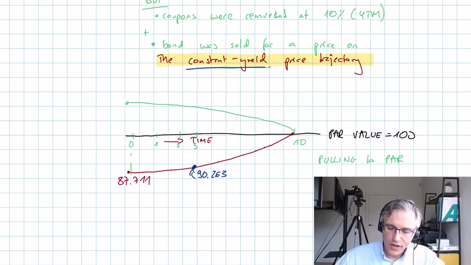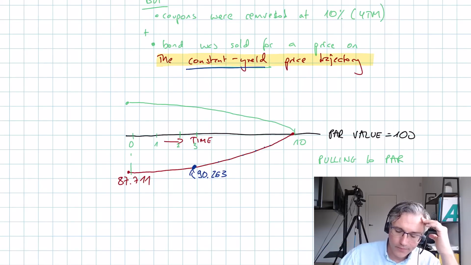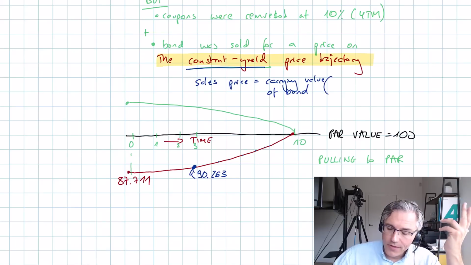Okay. So, if you sell for a price that is on the constant yield price trajectory, that selling price is said to equal the bond's carrying value. Because the carrying value is simply the original purchase price.